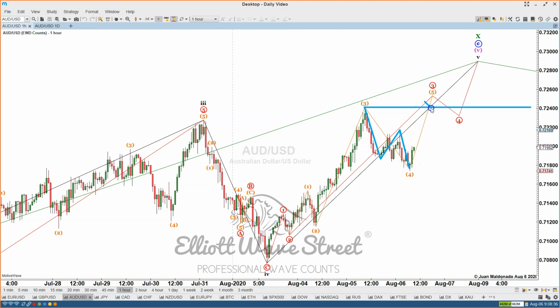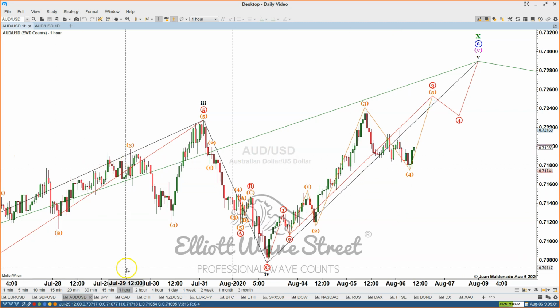But at least I'm looking to take some profits at this previous high based on this Elliott wave pattern. So that's one of the things that I want to talk about today, and that is the right way to use the Elliott wave theory.